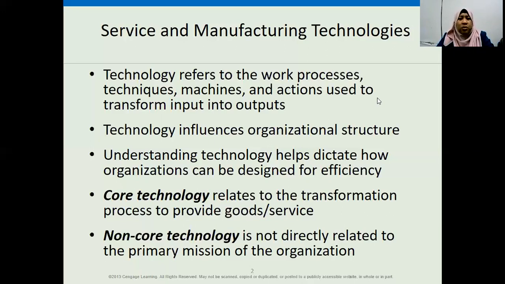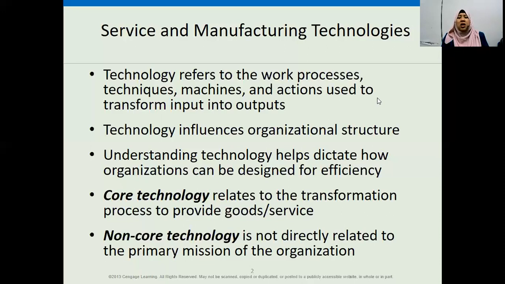Then they assemble those things and put them into machinery to make sure all the components come together, and at the end the output will be a car. So we can see that that is a core technology: how the process goes from input through the transformation process to the output. But the non-core technology is not directly related to the primary missions of the organization.